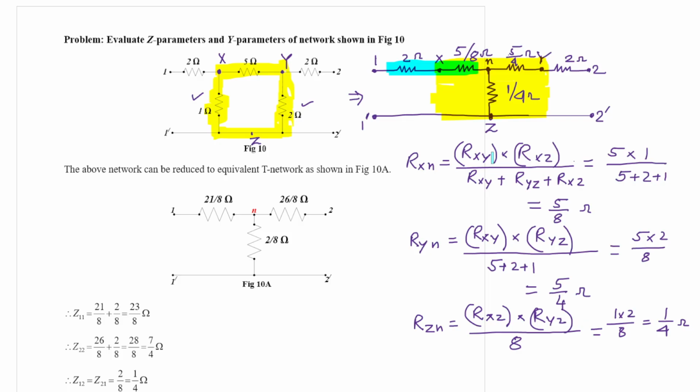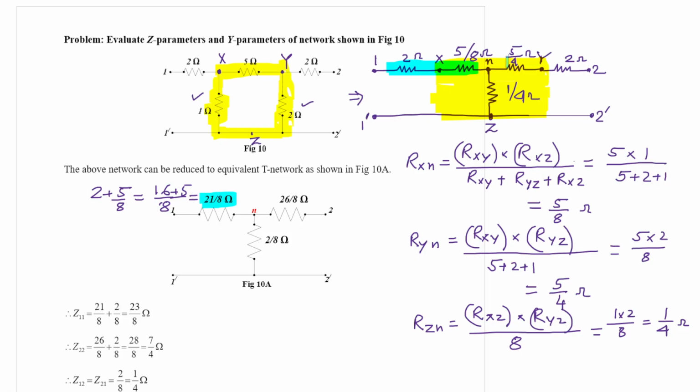That is why they are connected in series to make 21 by 8. Right. So how does this 21 by 8 come? 21 by 8 is nothing but 2 plus 5 by 8, which is 16 plus 5 by 8, which is equal to 21 by 8. Right.